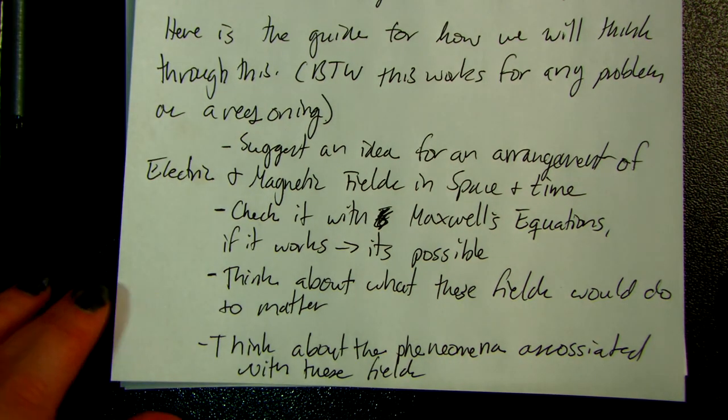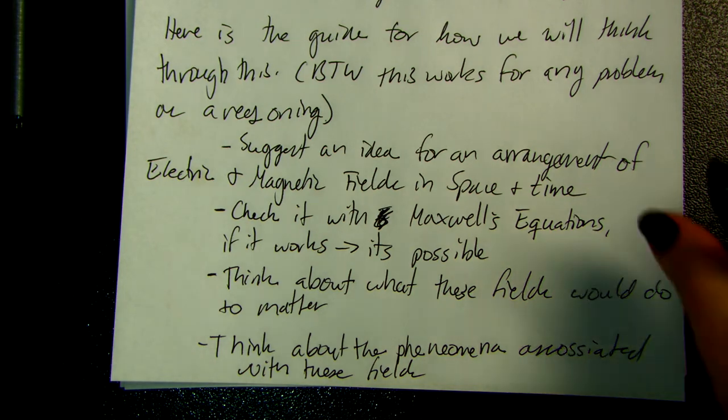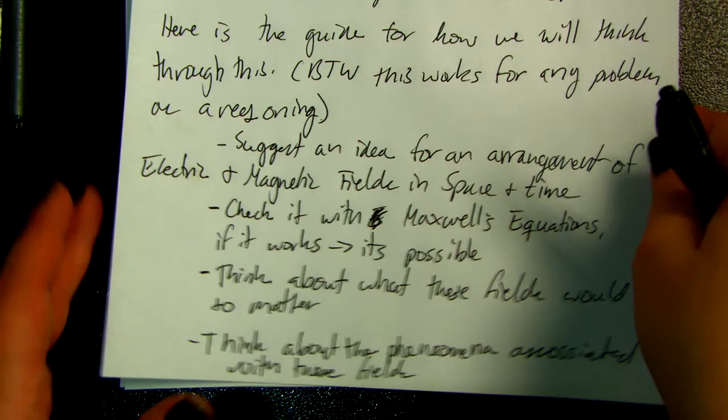And here's where I'm going to differentiate between an experimentalist and a theorist. An experimentalist is going to think, what can I measure in terms of the phenomenon? And a theorist is going to think about, what can I derive, calculate, or model as a result of this phenomenon? Okay, so we've gone through those criteria.